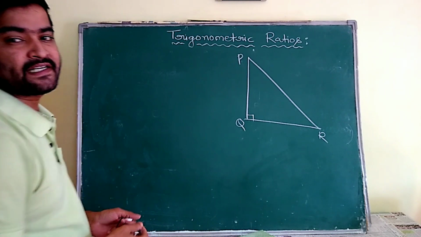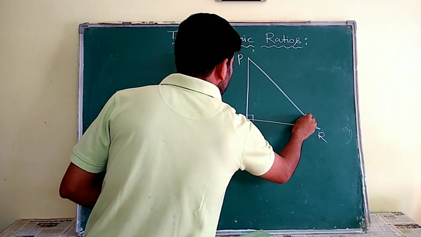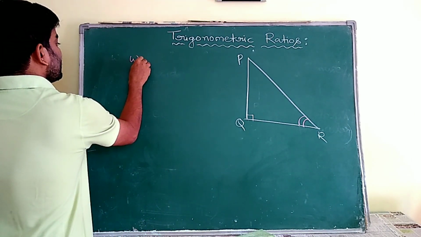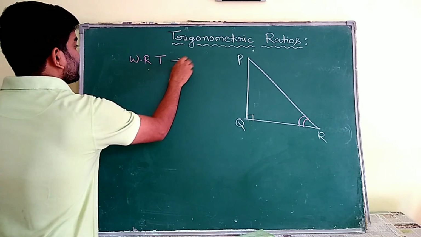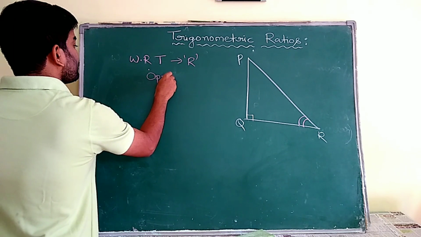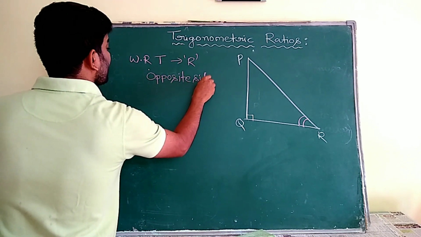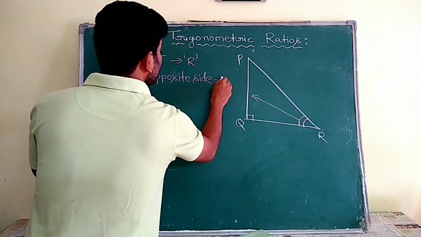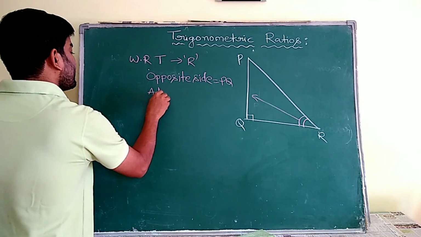It's a triangle PQR. Now tell me the names of the sides with respect to angle R. With respect to angle R, the opposite side is PQ.